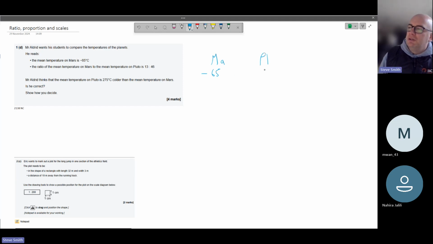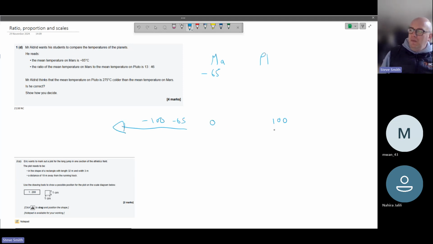It doesn't tell us what the temperature is, because it says here, Mr. Aldridge thinks that the mean temperature on Pluto is 275 degrees colder than the mean temperature on Mars. So if we're thinking about temperatures, I'm going to say 100's there, and then -100 is about there. So we're on -65.